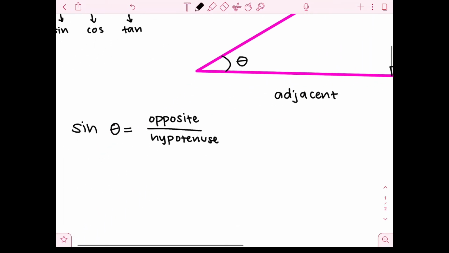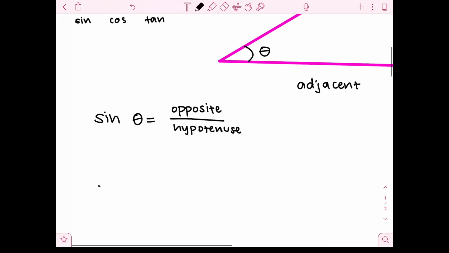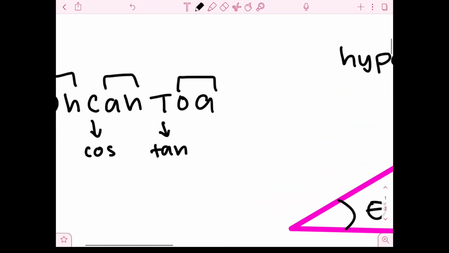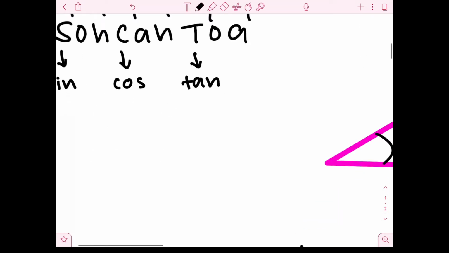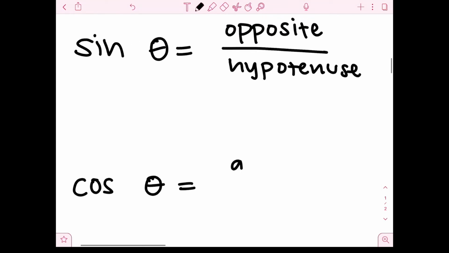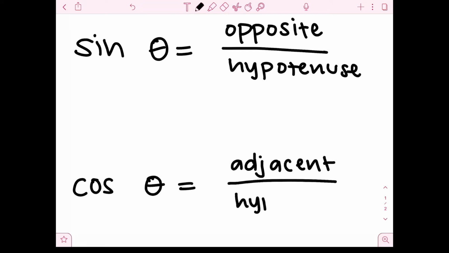All right. Next up, let's move to cosine. Cosine of theta. Looking at our SOHCAHTOA, we have adjacent and hypotenuse, so we're going to be dividing the adjacent by the hypotenuse. So adjacent divided by hypotenuse.